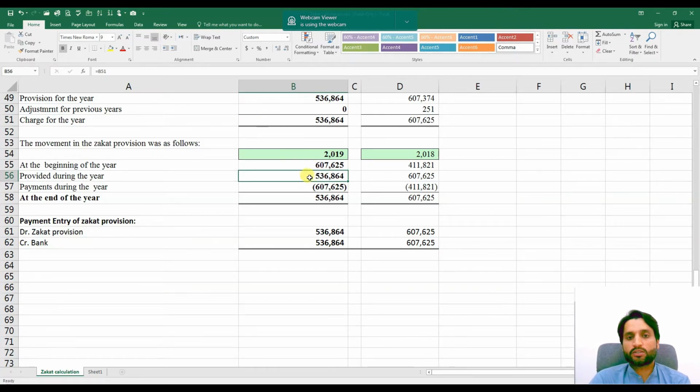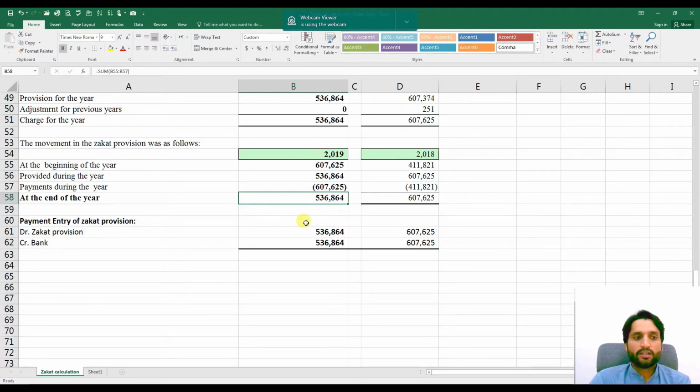So this is 2019 zakat and this is 2018 zakat, as you can see here. Payment during the year: after 2018 we are going to pay our zakat in 2019. So we paid this value to the zakat department.